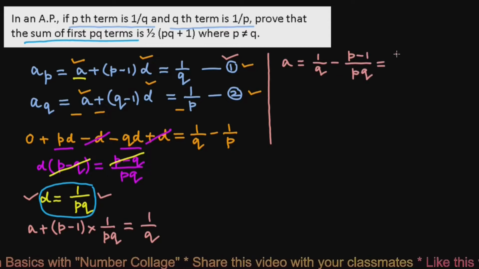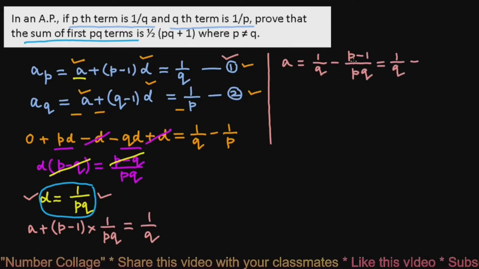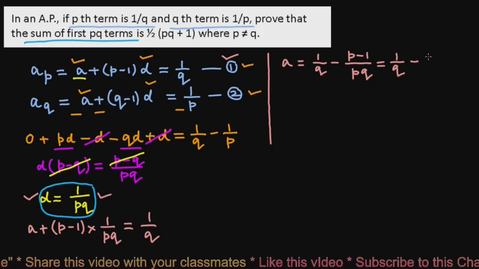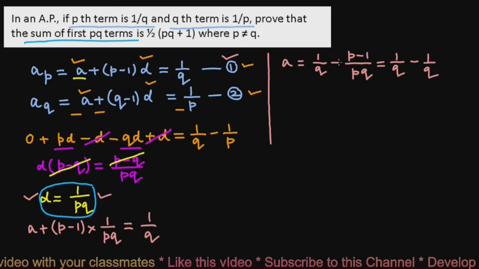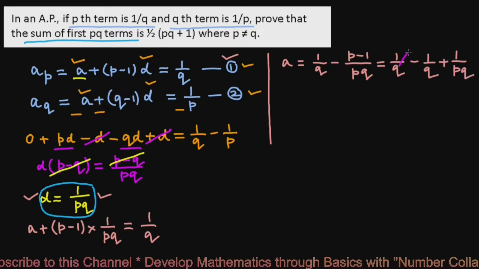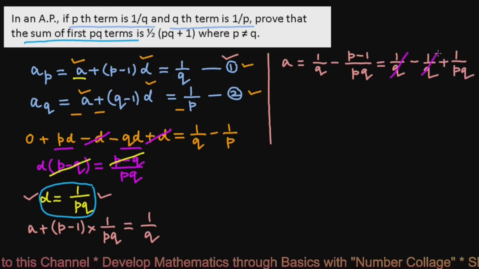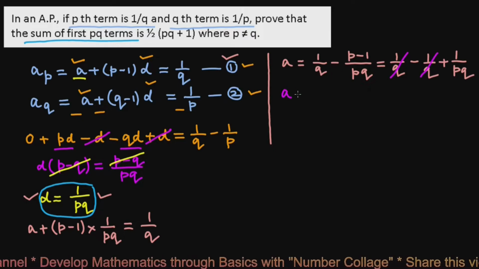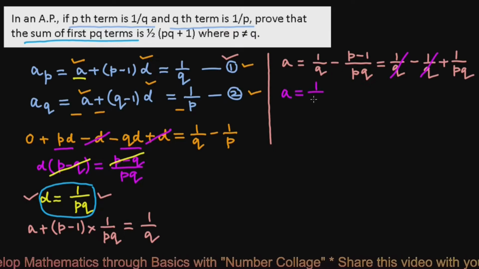That will be 1 upon Q minus P upon PQ, minus minus will be plus, 1 upon PQ. 1 upon Q minus 1 upon Q is 0. So we get A equals 1 upon PQ.